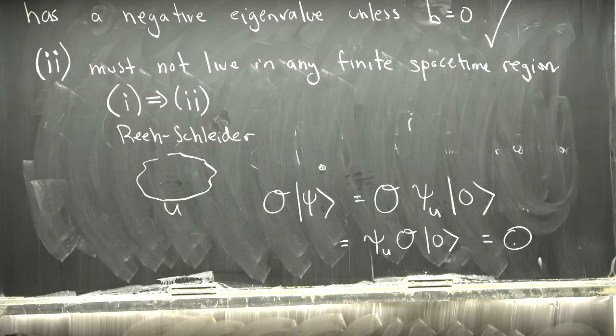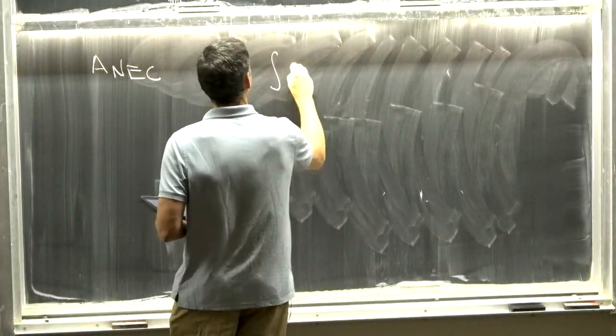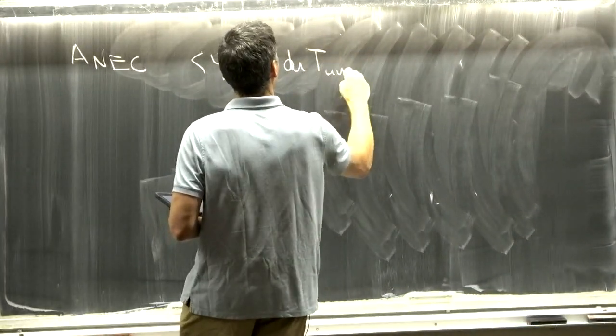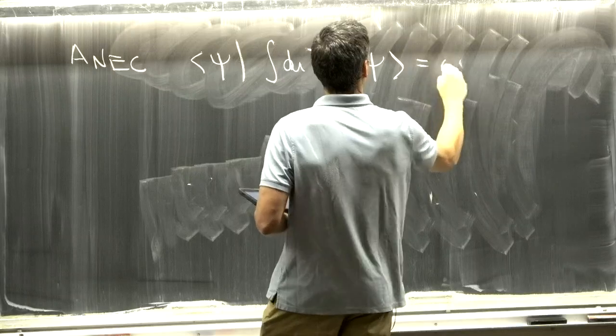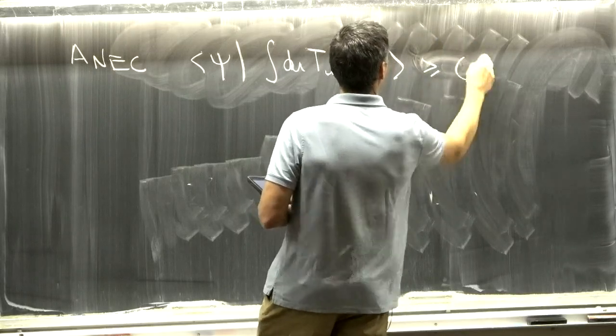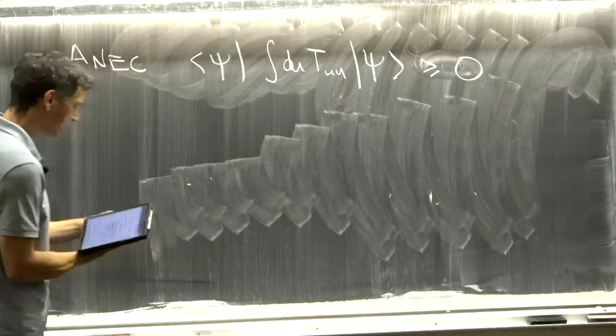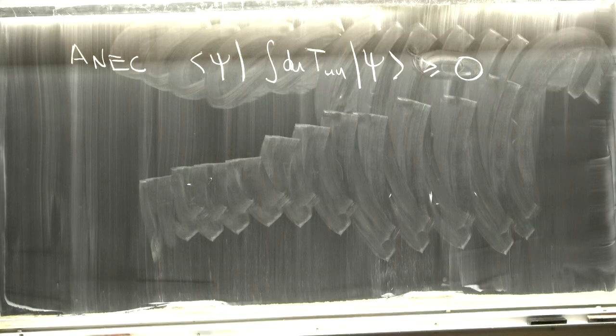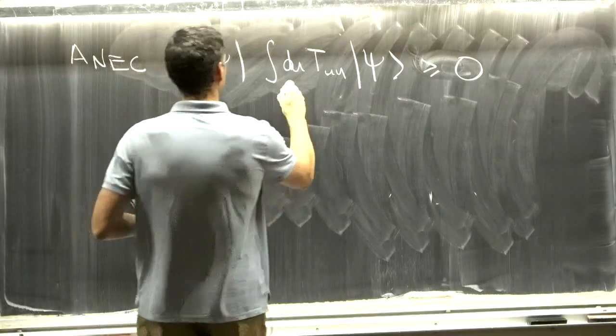So that brings us to the ANEC, that the expectation value of this operator is non-negative. So in particular, this is integrated over an infinite null ray, and you can't confine that to any finite region of spacetime. That's important, that you really do the integral from -infinity to infinity.